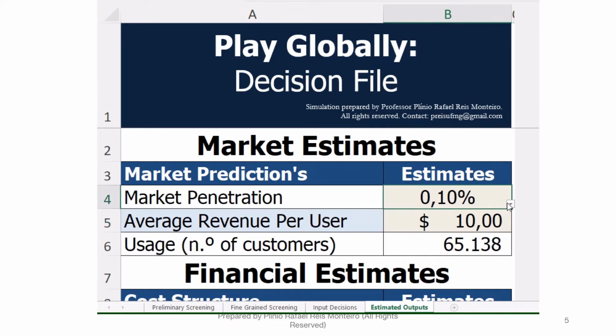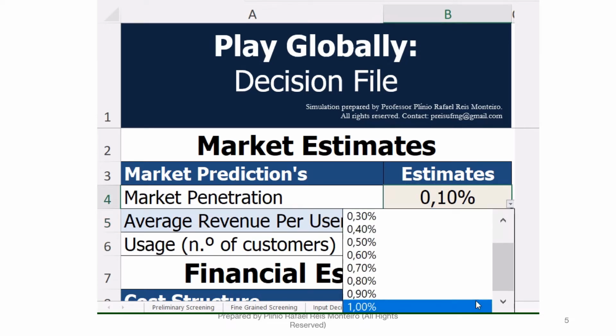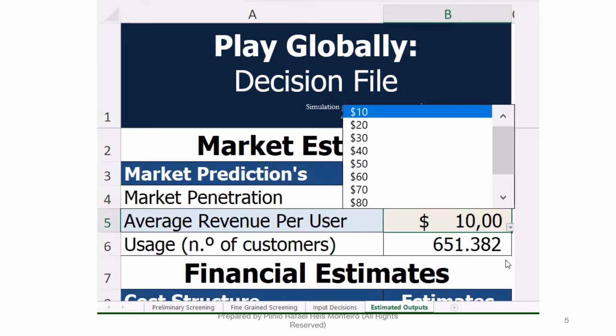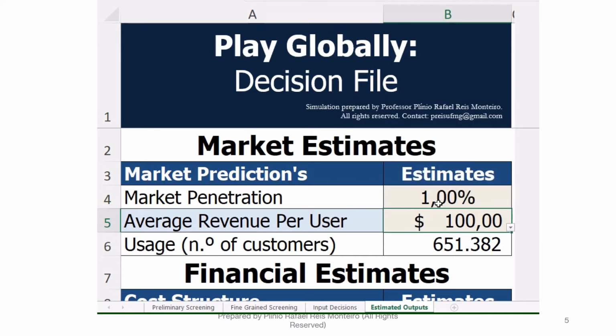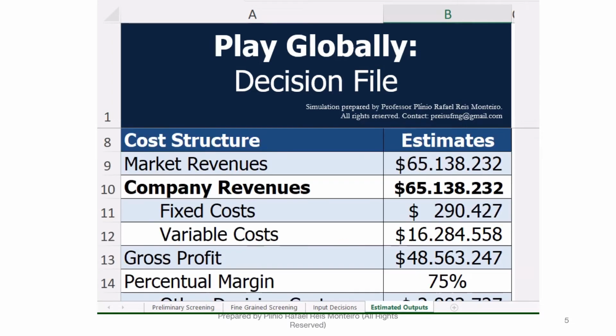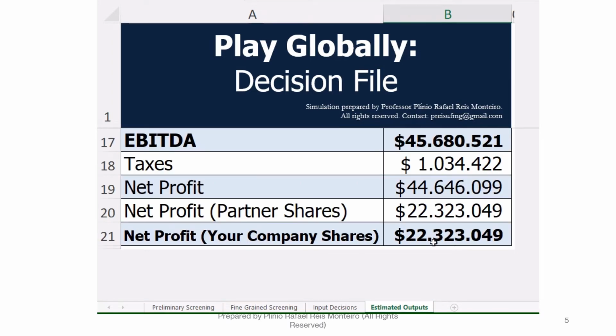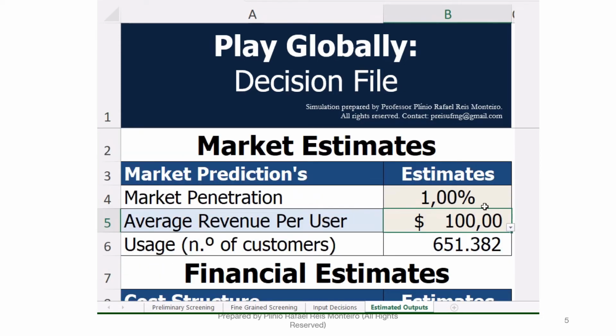And let's look in the other side. If I go to 1% of market penetration and, for instance, $100 of average revenue per user, in that case, I'm going to have amazing net profit for my business. And of course, this is a really optimistic scenario, so I don't believe that I'm going to have it.